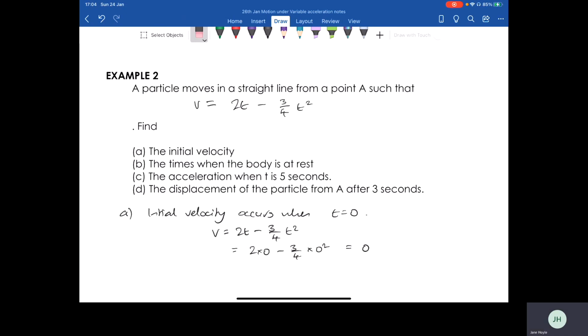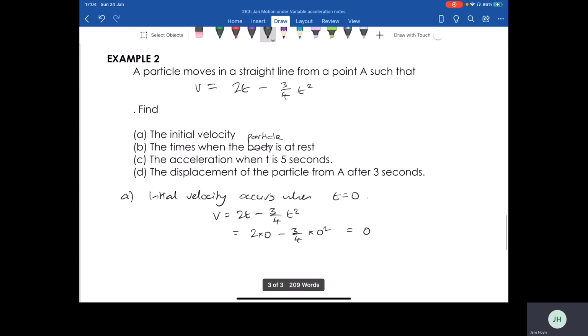The times when the body is at rest. Okay, so the particle, sorry, the body. By body, we obviously don't mean a human body. We essentially mean a particle, just a random thing that we're not given a name for, but we generally model things as a particle, so they're a point mass.